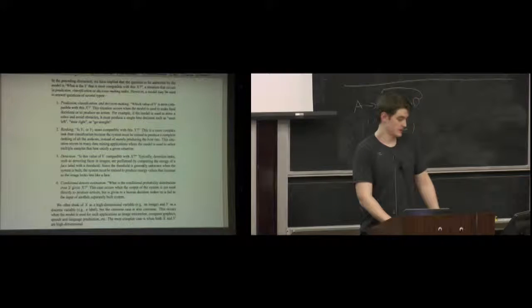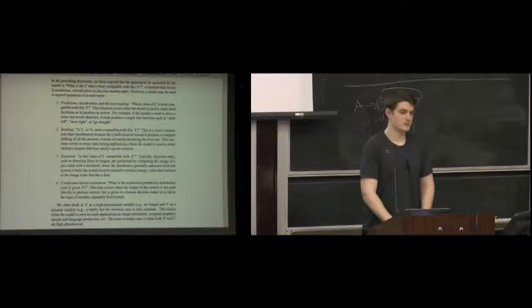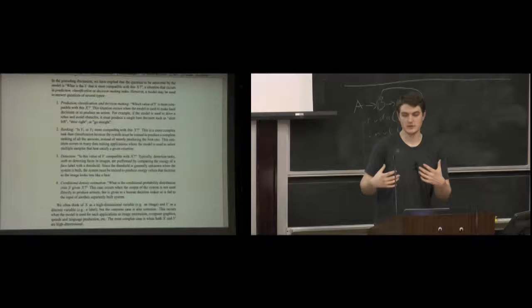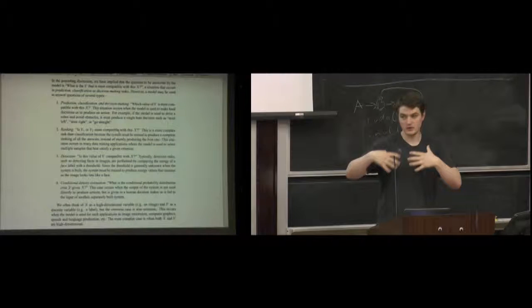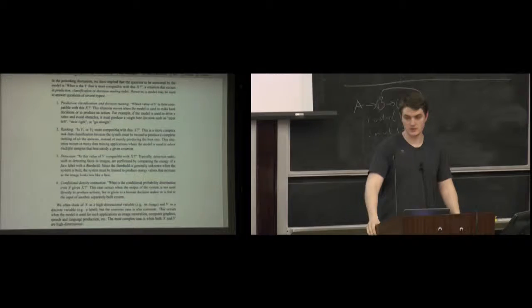Ranking, for example, is one of these things where you wouldn't necessarily be interested in which label has the lowest energy given this X, but in the ranking of the labels. Give me all the energies across all these labels. So your model needs to be able to give you an energy for every configuration. You give it an X, you go over all the possible Ys, and you get a ranking.